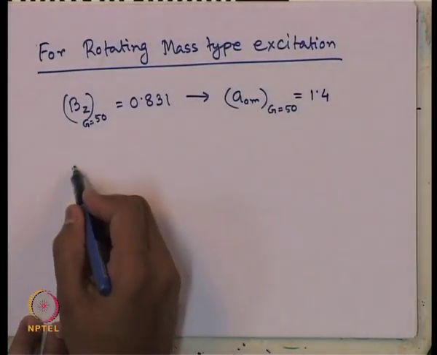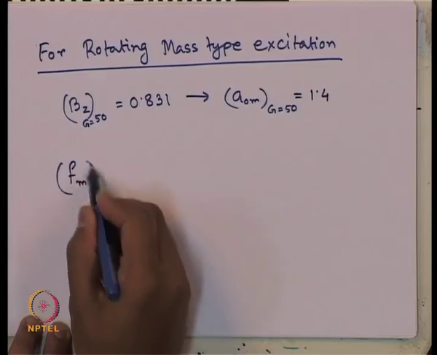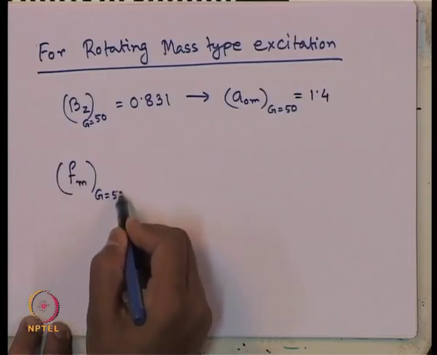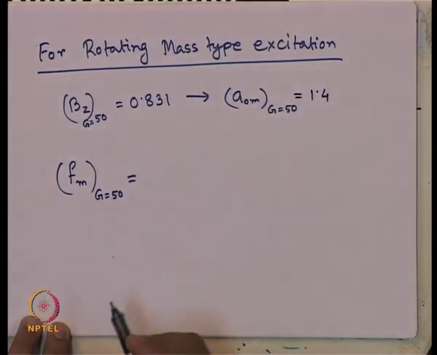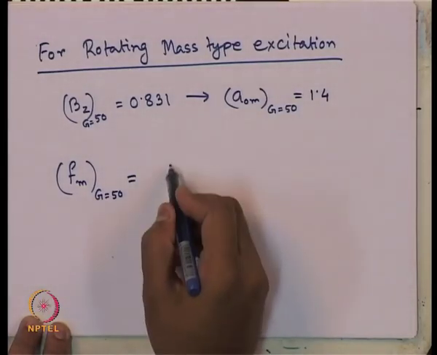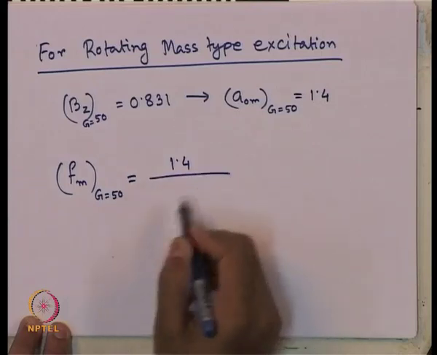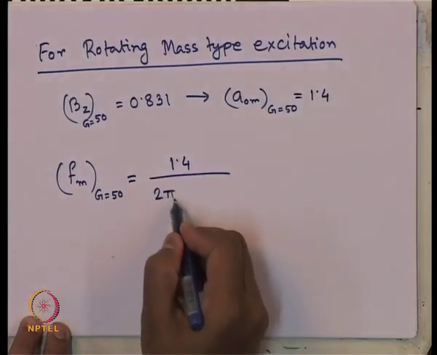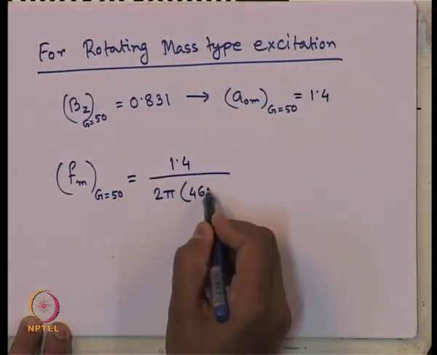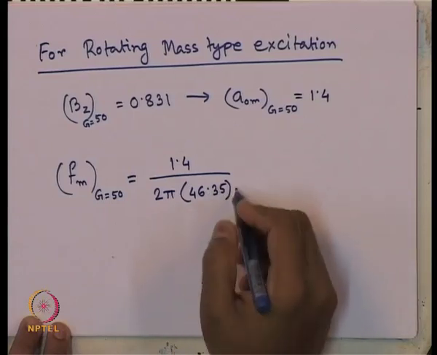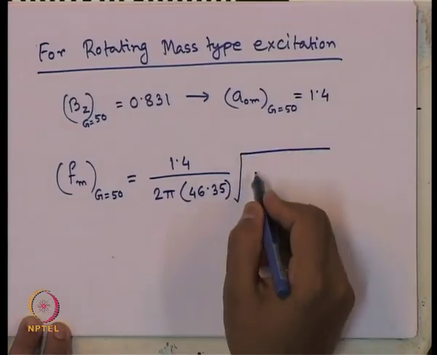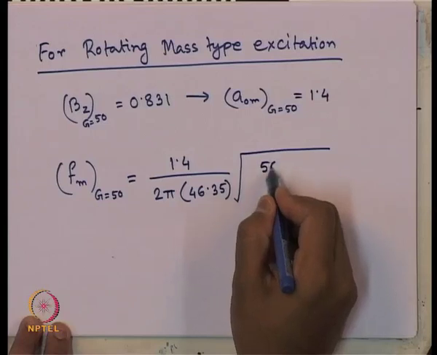So, how much is the value of f m with G equals to 50? f m will be A naught m 1.4 divided by 2 pi, r naught is 46.35, root over G is 50.